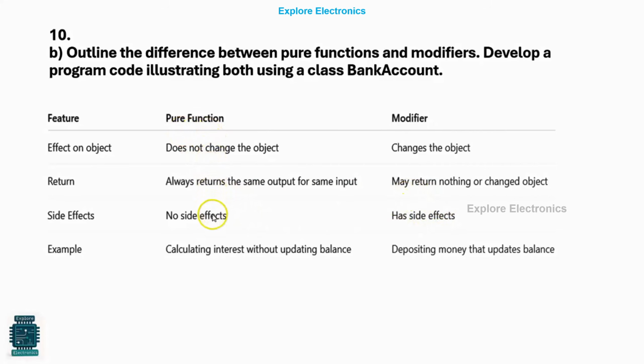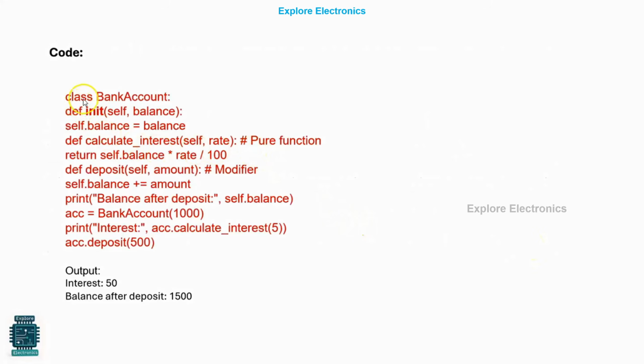The pure function means calculating the interest without updating the value. For example, in the taken example, calculating the interest without updating the balance, whereas in the modifier, depositing money updates the balance. Let us see the example. Here class BankAccount defines a class named bank account.